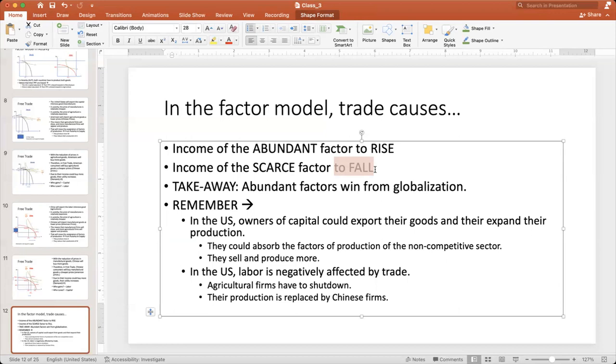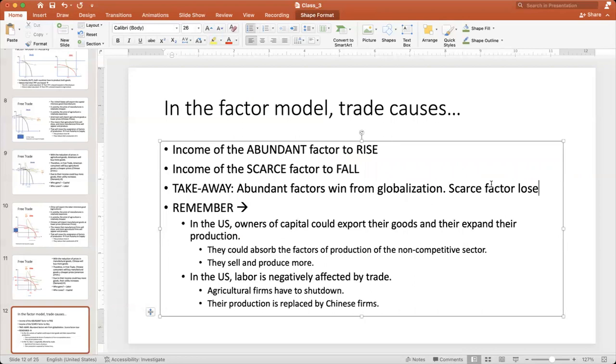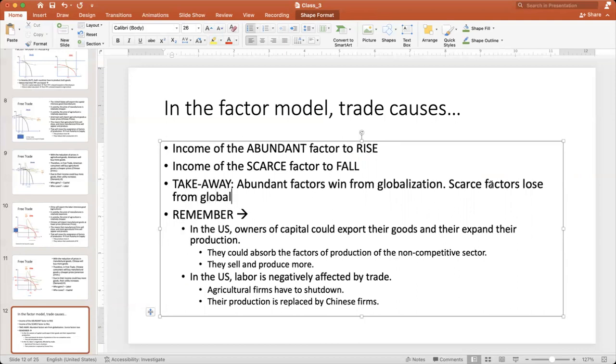And in this case, it is the scarce factor. And this is a very important conclusion, that abundant factors win from globalization, which means that the scarce factors lose from globalization.